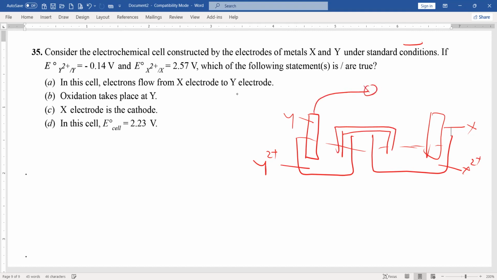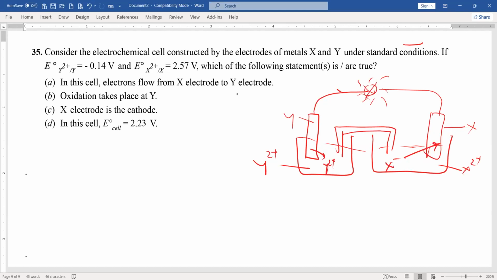Then you may connect that to a bulb or any other. Like this. Then what happens? This is the one which is oxidizing. It gives us Y2 plus ions to the medium. In this case, X2 plus will be deposited on that.